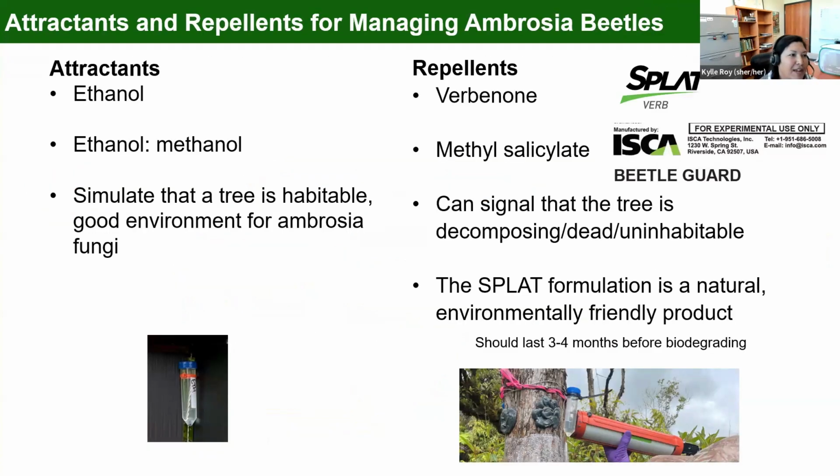Okay, so now to introduce you to attractants and repellents for managing ambrosia beetles. In the field of entomology in general, we can usually use semiochemicals, or I guess you can just say scents, to manipulate insect populations.